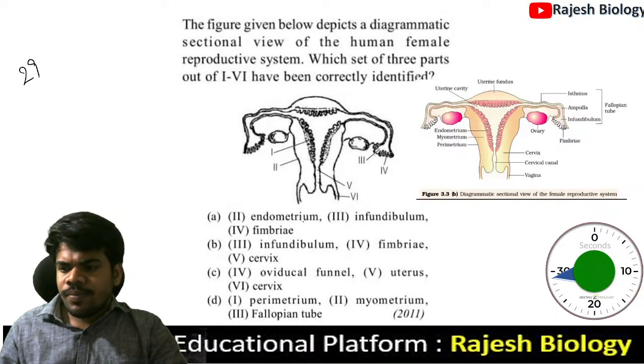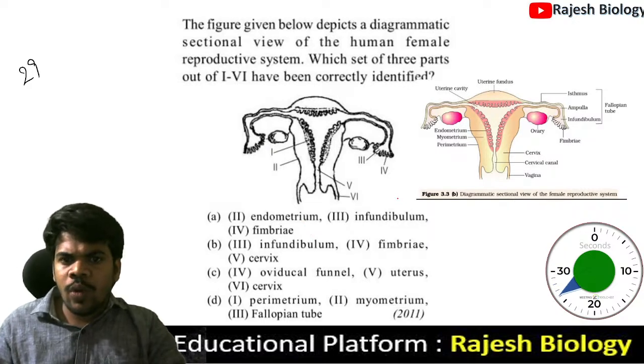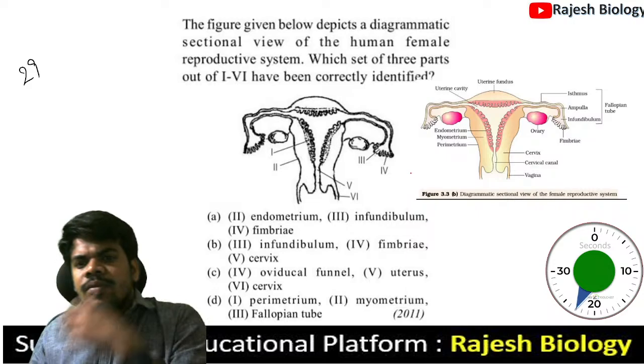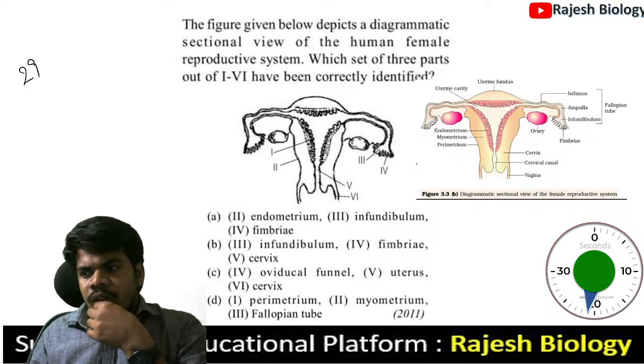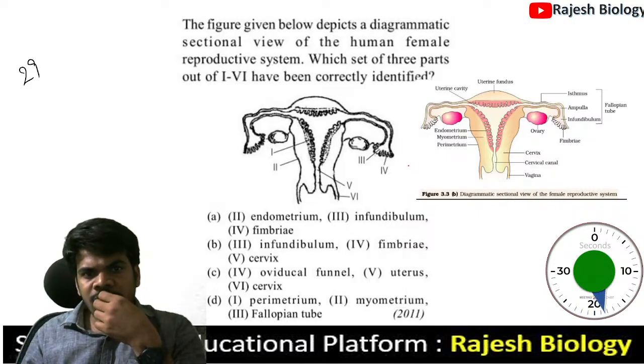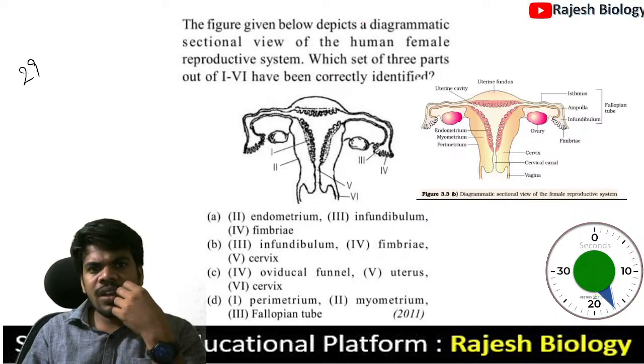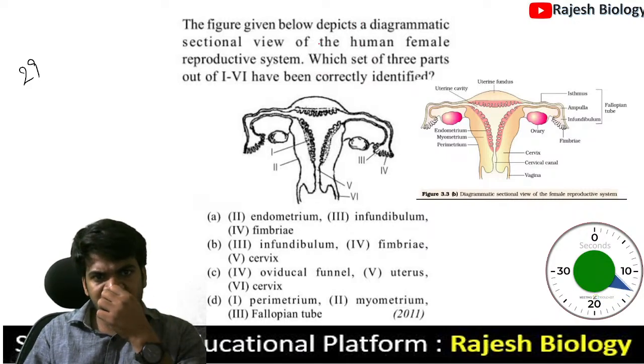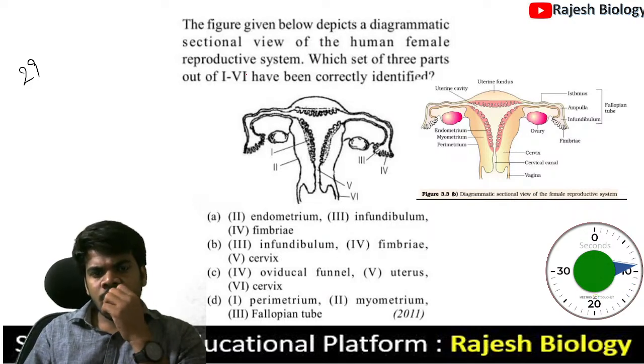29th question. Along with the clue I give, try to solve this question. Match that labeling, which is correct. The figure given below depicts a diagrammatic sectional view of the human female reproductive system, which is a set of 3 parts. 1, 2, 6 have been correctly identified.